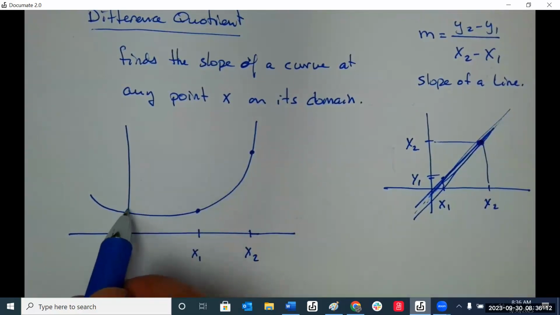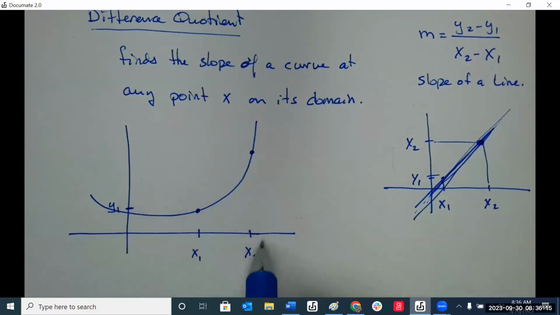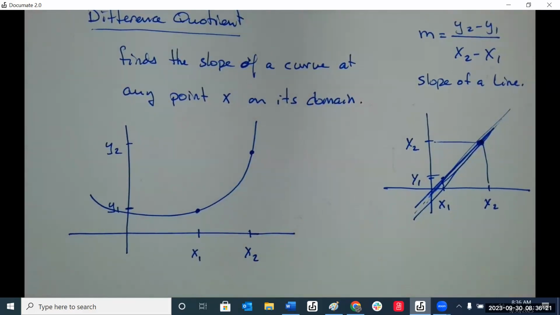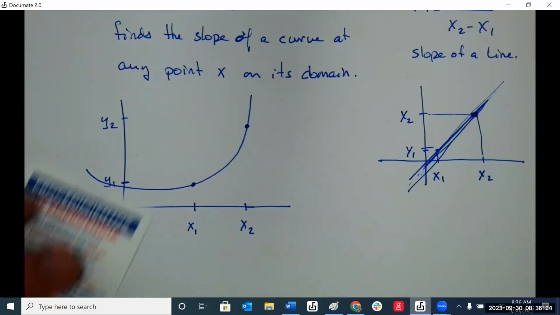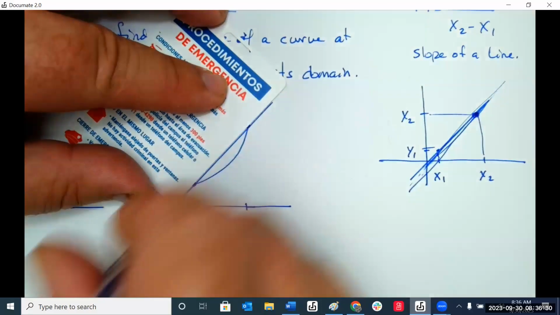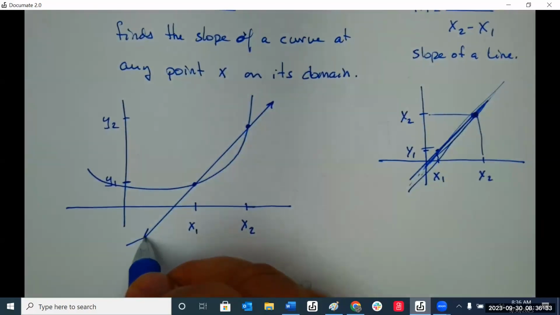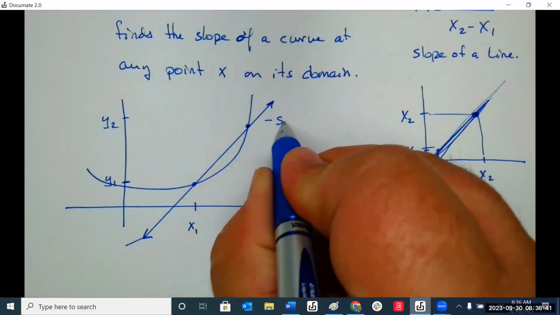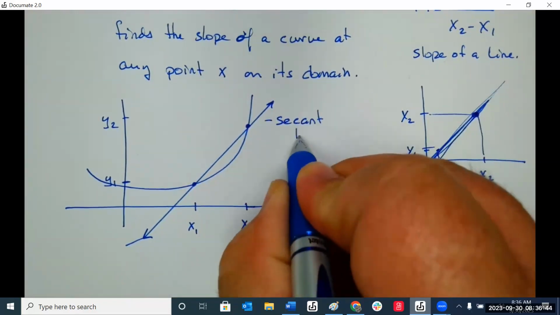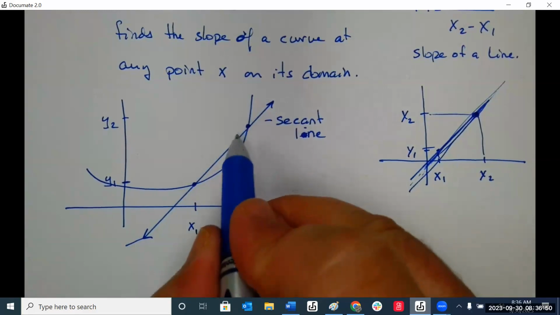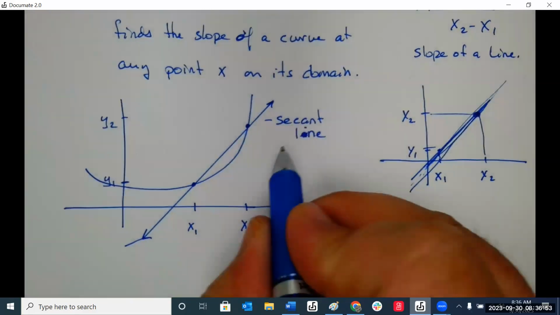Same thing here. So this one corresponds to y1 and this one corresponds to y2. If we drew a line to find the slope between those 2 points, we found the slope of that line. Is that the slope of the curve? No. This is what is called a secant line. A secant line crosses a curve at 2 points.